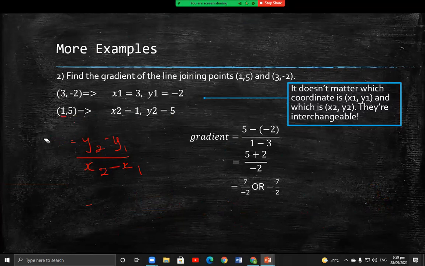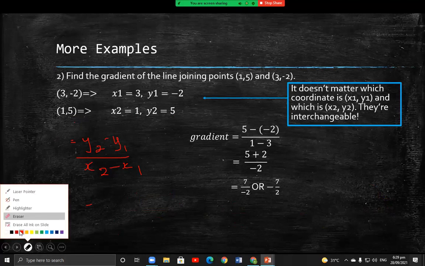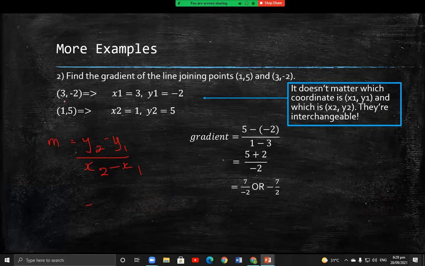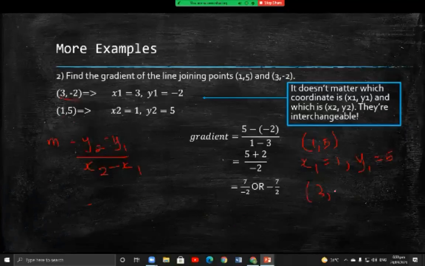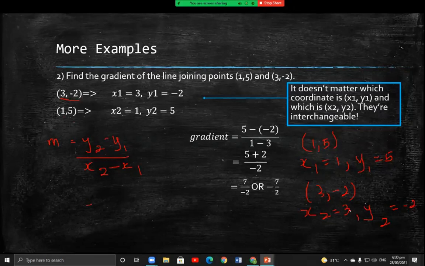Well, what I was saying before about x1, y1, x2, y2 being interchangeable, instead of using this coordinate as my x1 and y1, I could have used (1, 5) as my x1, y1. I could have said that x1 is 1 and y1 is 5, and then use the other coordinates as x2, y2. So x2 would have been equal to 3, and y2 would have been equal to -2.